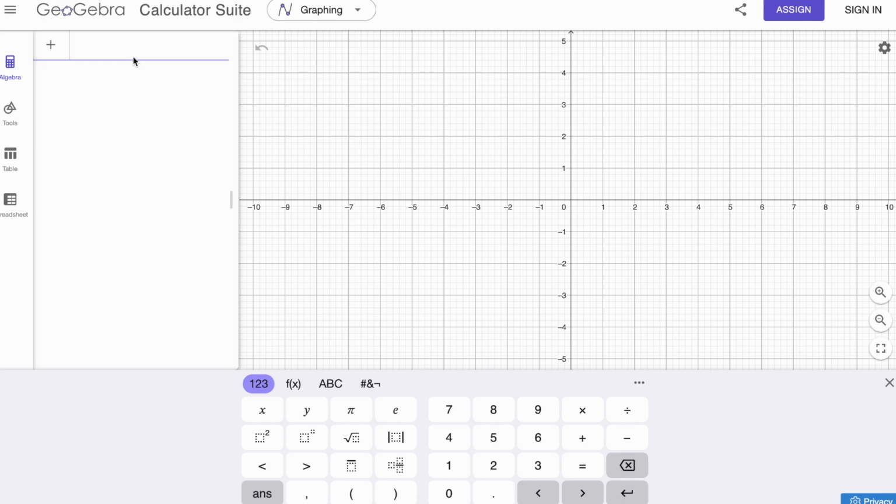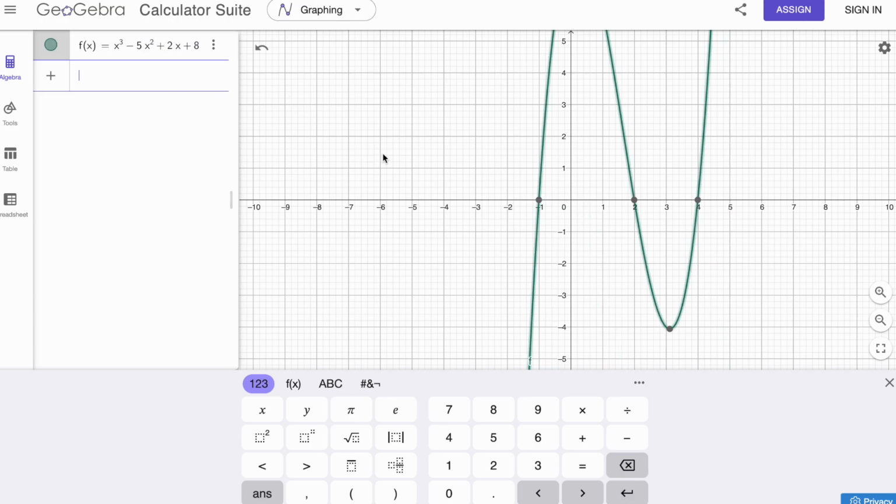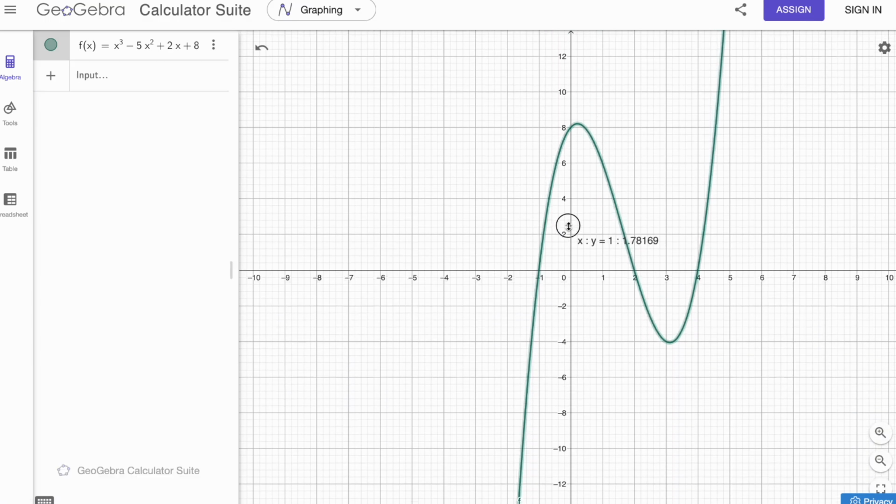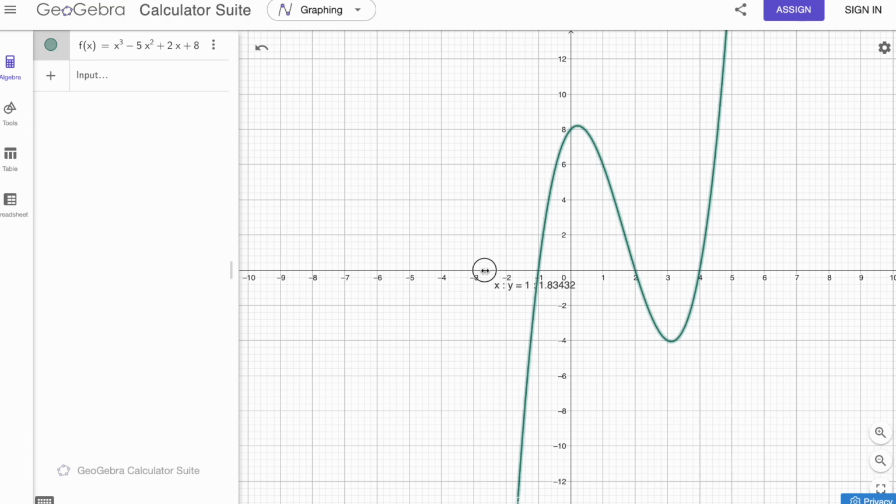I am going to type my polynomial function, which is x to the power of 3 minus 5x squared plus 2x plus 8. And this is my beautiful function. Okay, so I can adjust this a little bit.